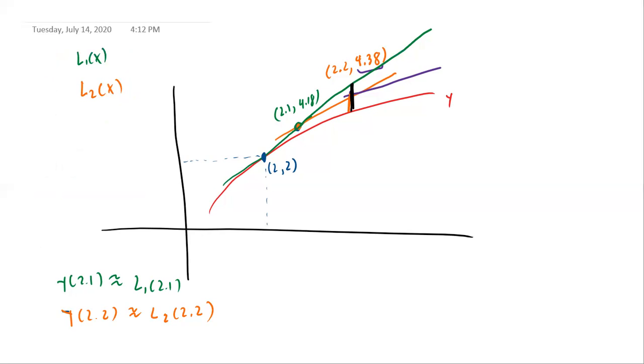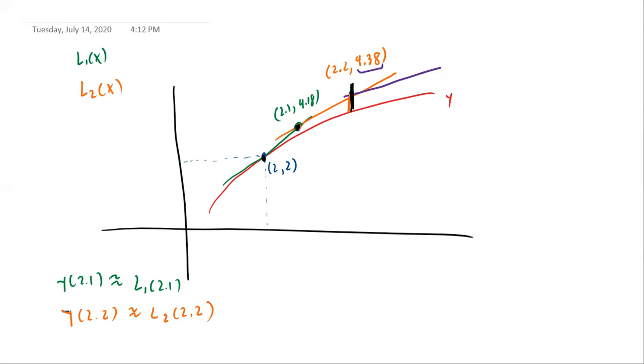And again, every time we do a linear approximation, we make sure that our tangent line goes through each subsequent point that we found. So our first tangent line went to the first point, (2, 2), which was on the graph. Our second tangent line goes to the point (2.1, 4.18), which is not on the graph, but hopefully is close.